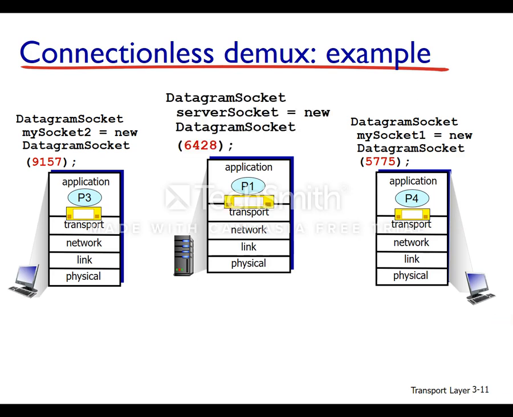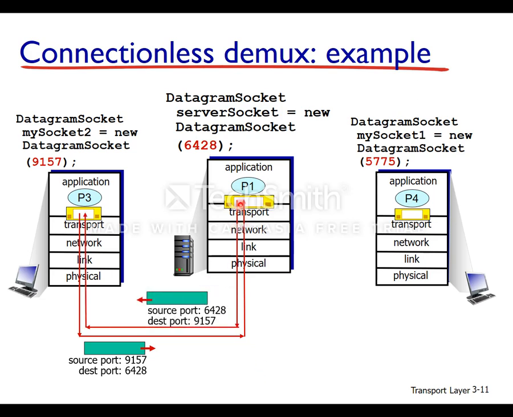By the way, the 9157 and the 5775 are the source port numbers. So that goes into that socket. Notice the source port number is 9157 and the destination port is 6428, so it goes into that socket. And let's say the response will go from 6428 and the destination is 9157.